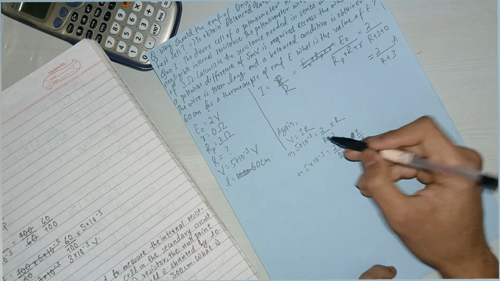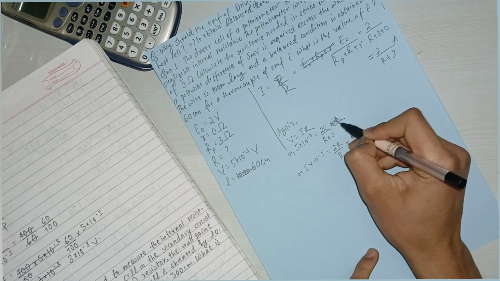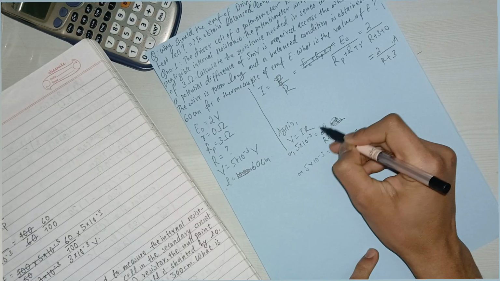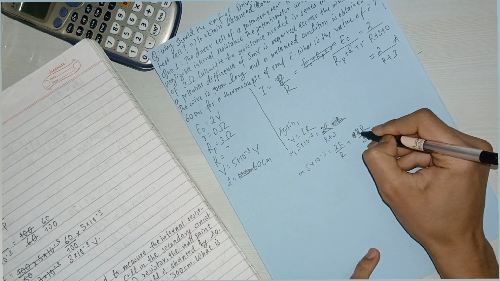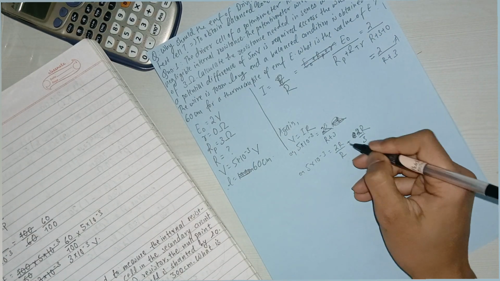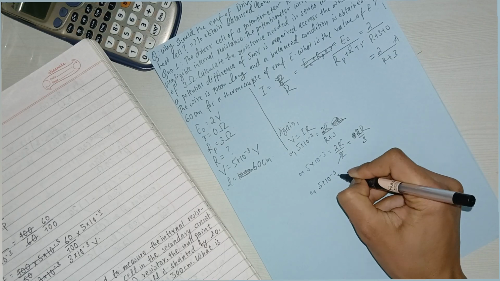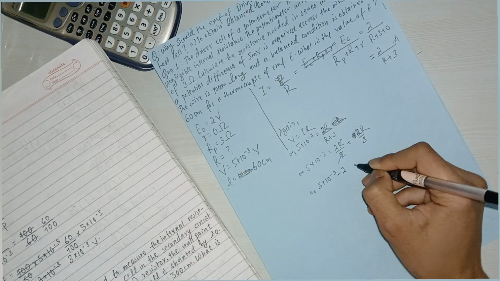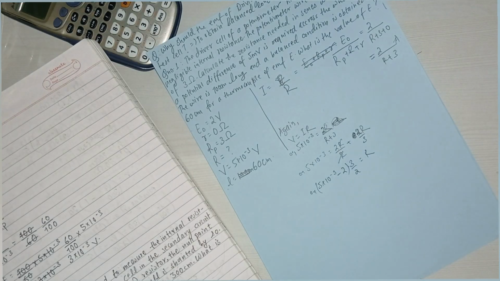Yeah, if you split that, this is 2r, right? So can I split the denominator? 2r by r plus 2r by 3. Yeah, if you take the LCM, it will be the same thing. So I can do that, and I can cut this r, and 5 into 10 to the power minus 3 minus 2 times 3 by 2 will be equal to r.